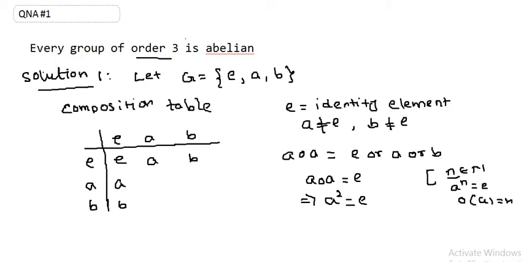Here A squared equals E and A is not equal to E, so 2 is the least positive integer for which A squared equals E. So the order of A is 2.